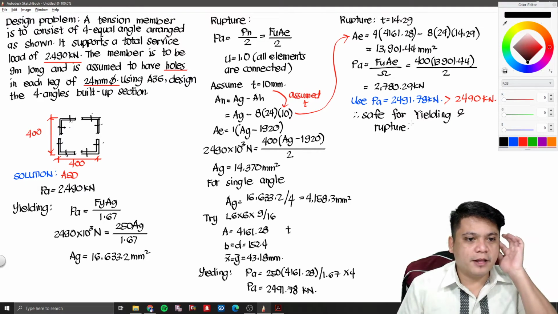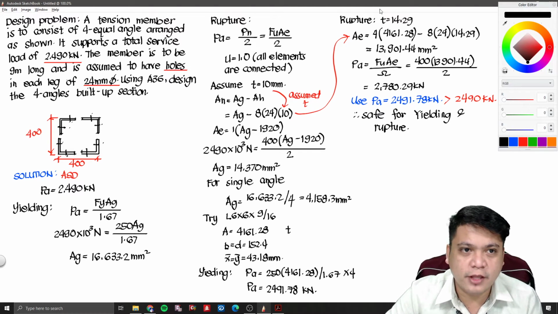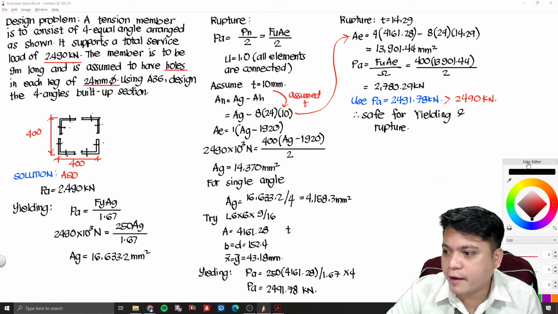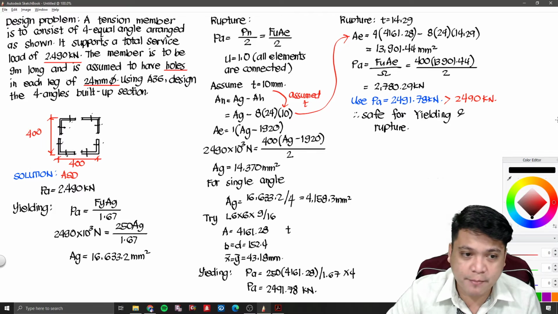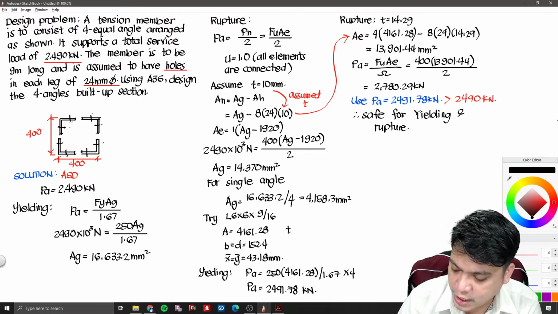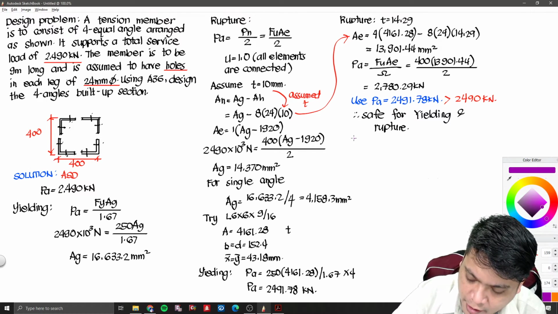Okay, but there's one more thing. According to the AISC, when you're designing members, you need to consider what we call the slenderness. So we need to check for the slenderness.